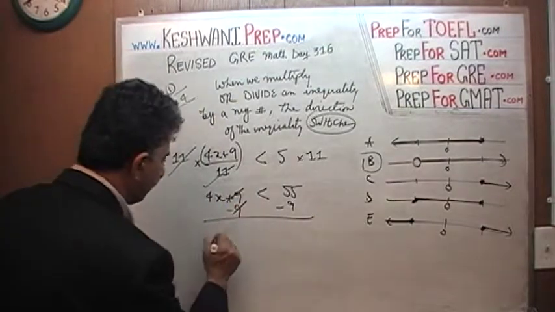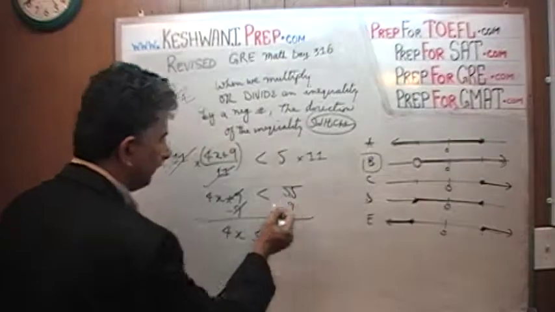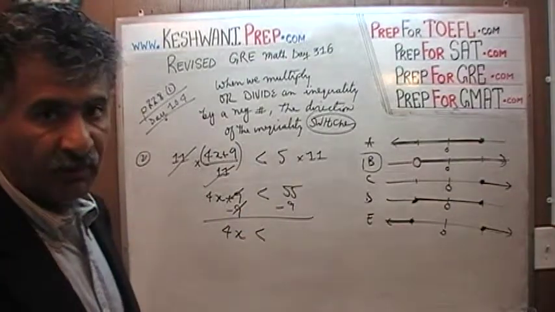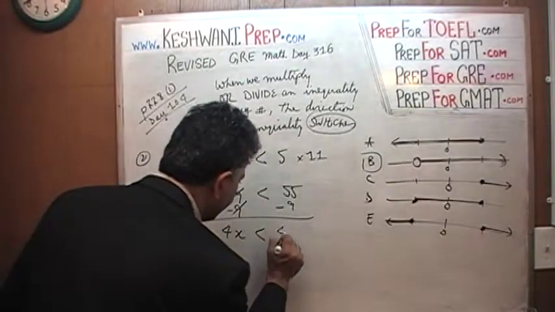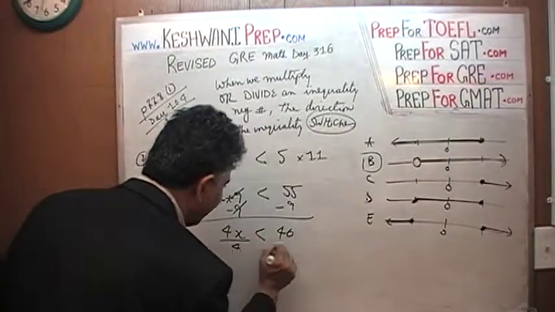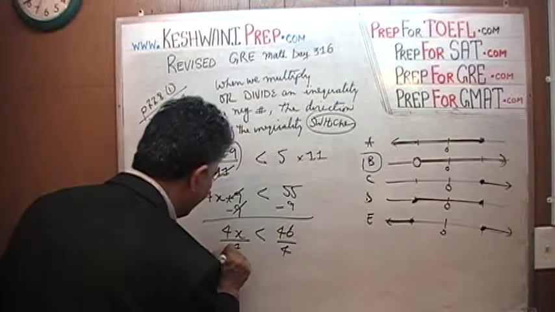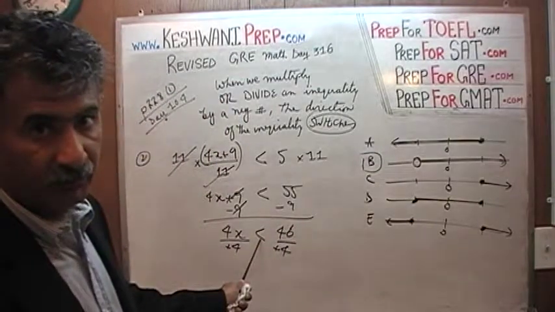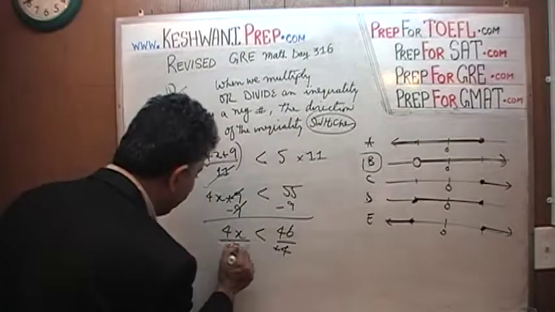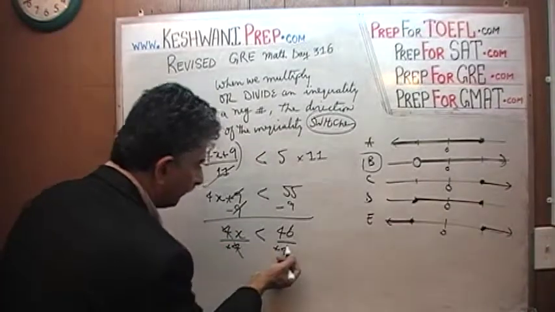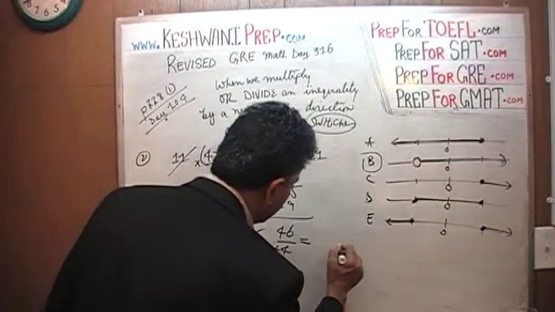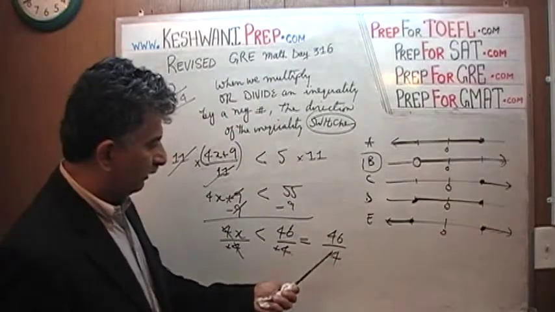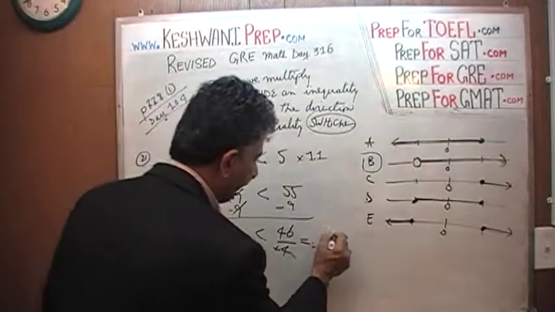and you end up with 4x. This 9 drops out, we end up with 4x is less than 55 minus 9, which is 46. Divide both sides by 4. Again, since we're dividing by a positive number, we can do it right here because we don't have to switch the direction of the inequality. So the 4 drops out, and x is less than 46 over 4. 46 divided by 4: how many 4s in a 4? 4 has 1 four.